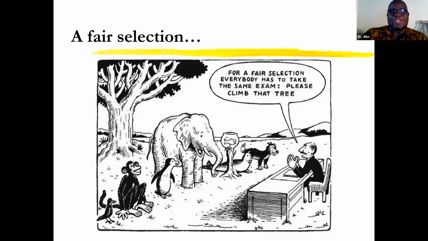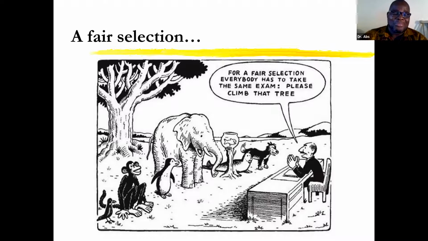And so this is what it is in terms of inclusive development. And this slide for me is very, very important. It's a selection process. And how fair is the selection process? So you have a bird there, a monkey, a dolphin, an elephant, and a fish, all of them there to ask for fair selection.